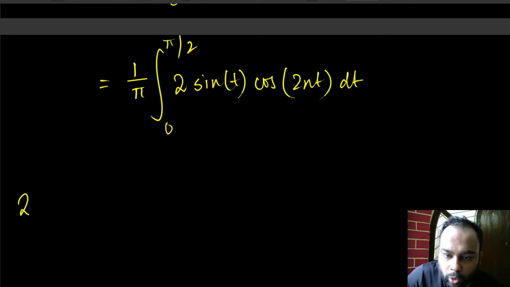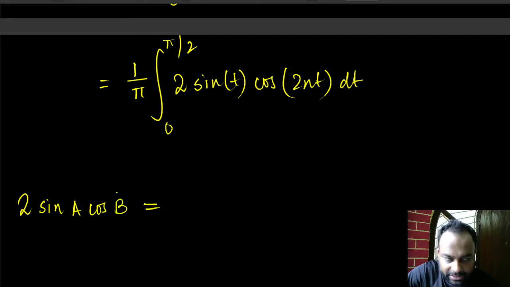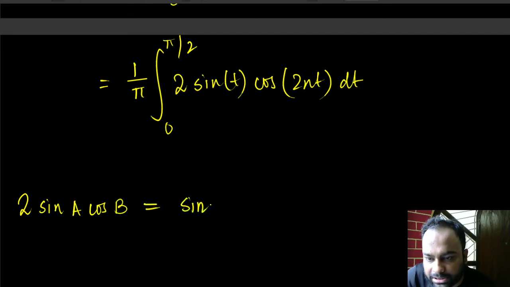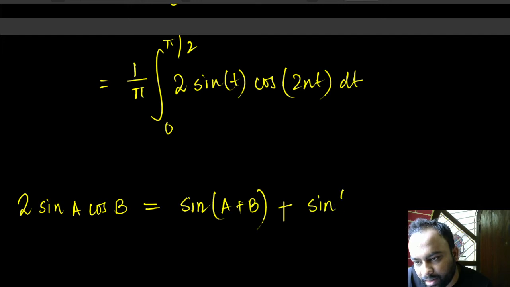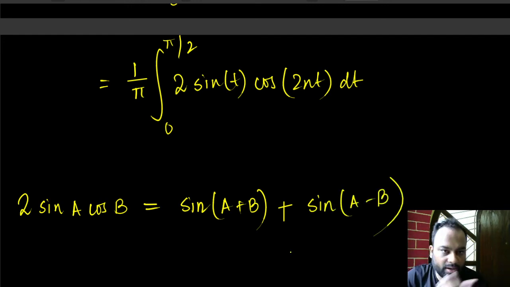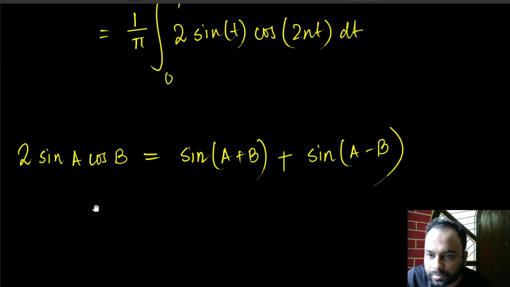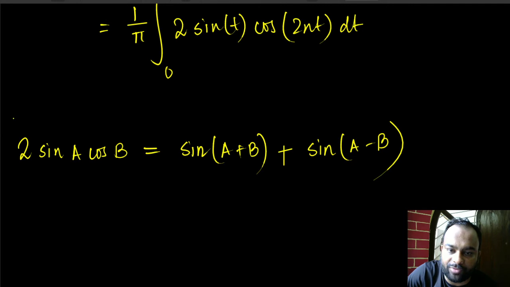That's 2 sine a cos b is simply sine a plus b plus sine a minus b, right? So we are going to apply this formula, of course.